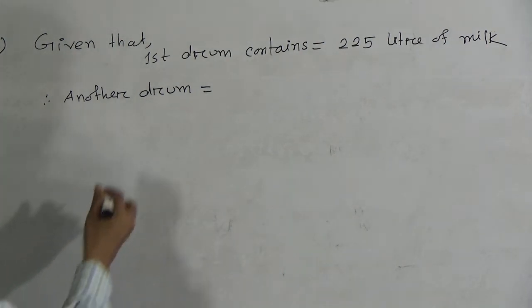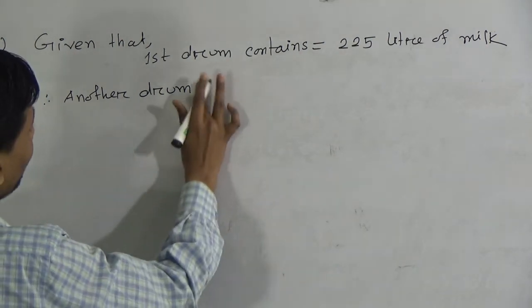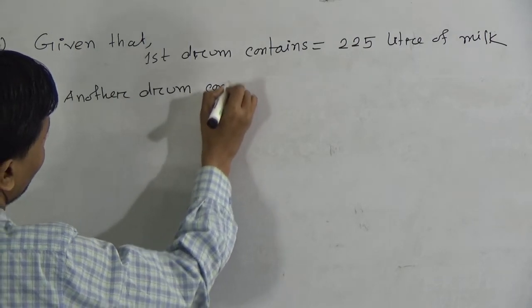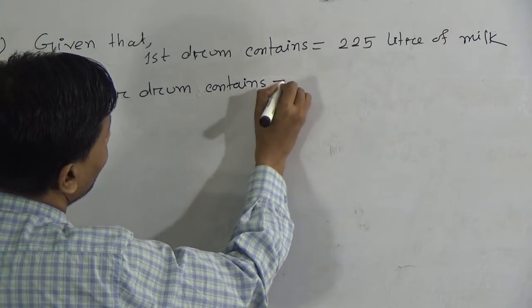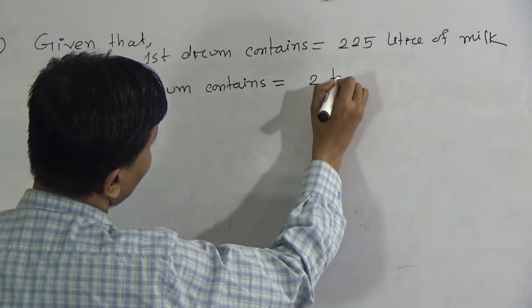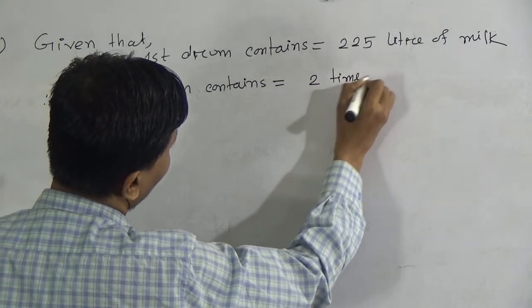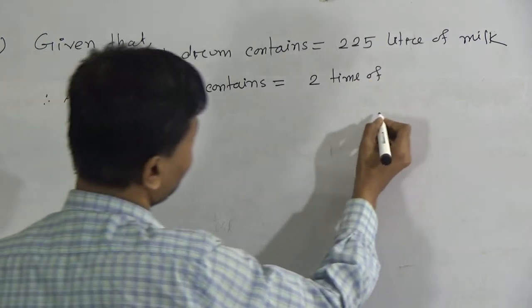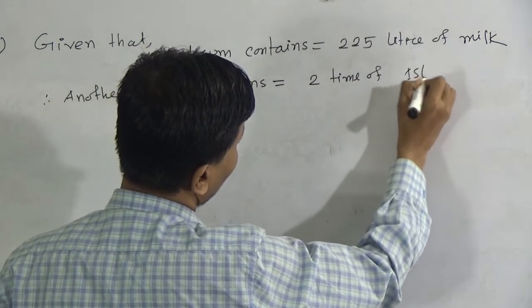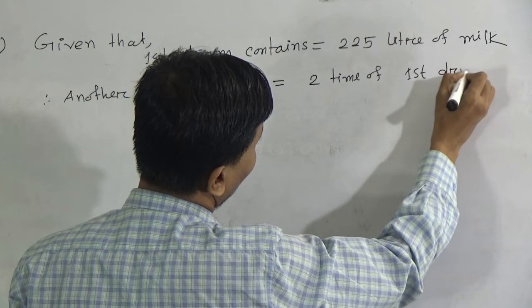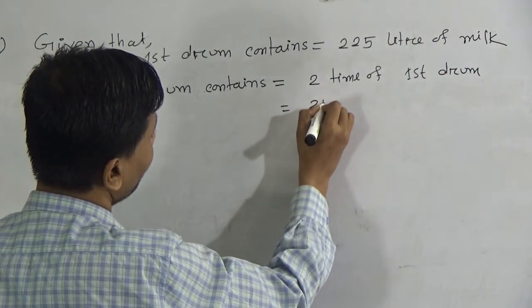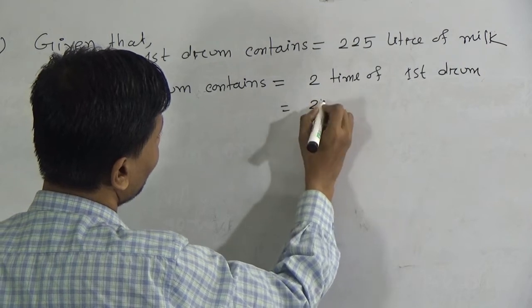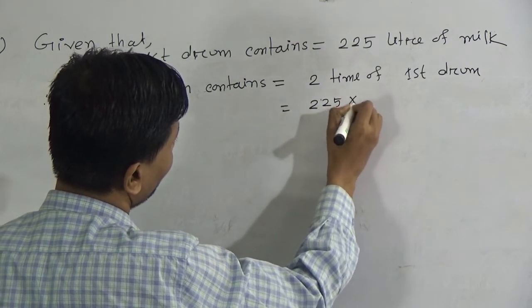Therefore, another drum contains 2 times of first drum. This is equal to 225 into 2.